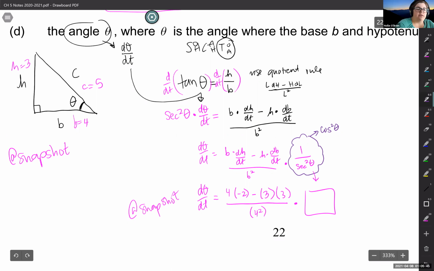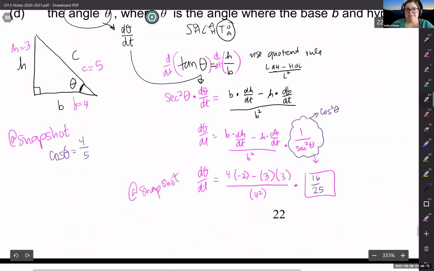Okay, so cosine of theta is adjacent over hypotenuse. Adjacent 4 over hypotenuse 5. So cosine squared is going to be 16 over 25. We're so close. We just have to simplify. -8 minus 9 over 16 times 16 over 25.